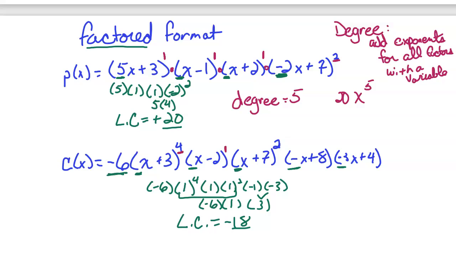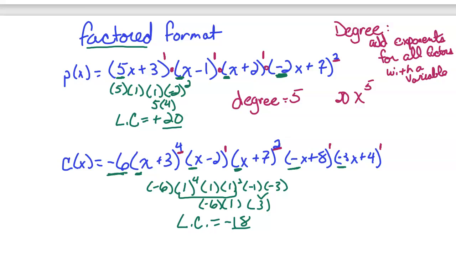Yes. So I need to take its exponent of 1. This factor has a variable. So I need to take its exponent of 2. This factor has a variable. So I'm going to take its exponent of 1. This factor has a variable. So I'm going to take its exponent of a 1 as well.